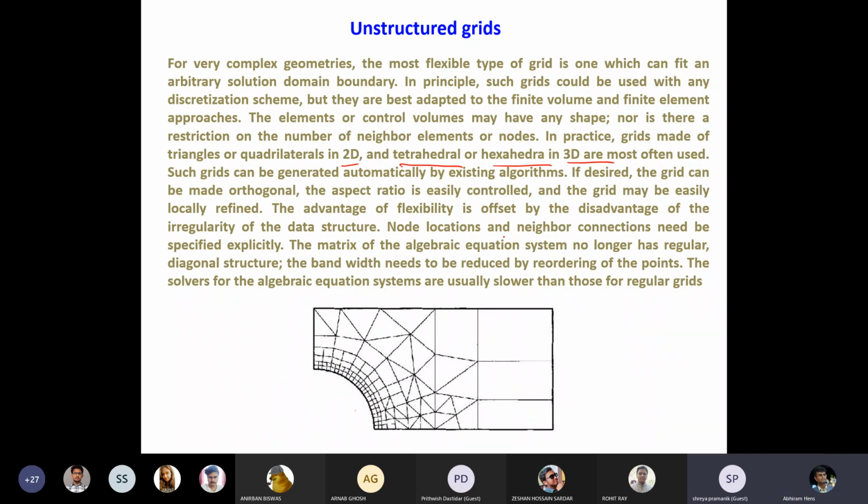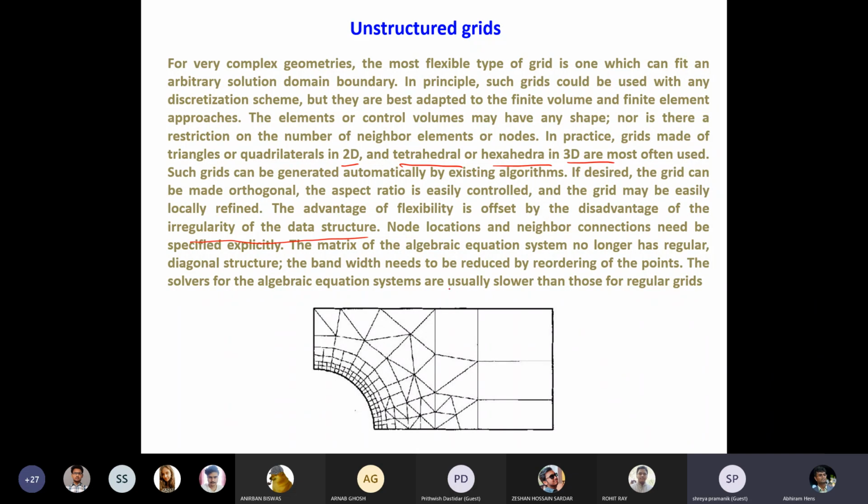The advantage of flexibility is offset by the disadvantage of the irregularity of the data structure. So here the data structure will not be uniform or regular like a structured grid. Node locations and neighbor connections need to be specified explicitly. The matrix of the algebraic equation system no longer has a regular diagonal structure. In a regular structured grid we get a regular tridiagonal matrix, but here it may not be the same.